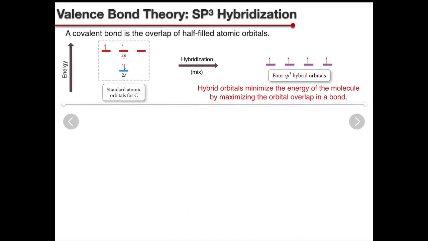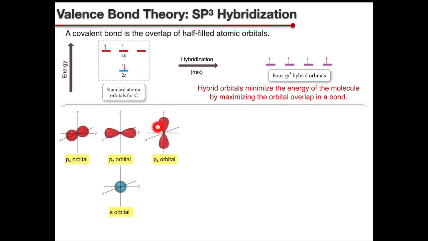Okay, so let's take a look at a molecule that contains 4 sigma bonds. I have a picture here. If you have all of these and mix them together, the picture of the hybrid orbitals is going to look somewhere between them, so you average them. It's going to look like this.